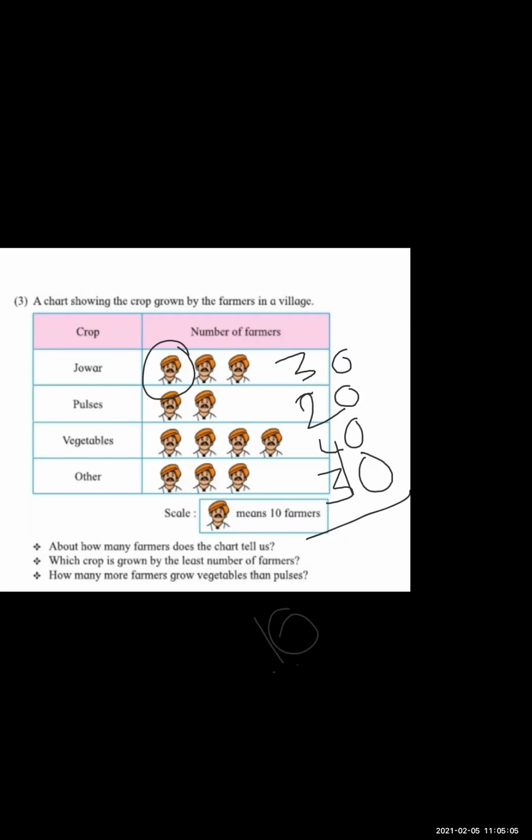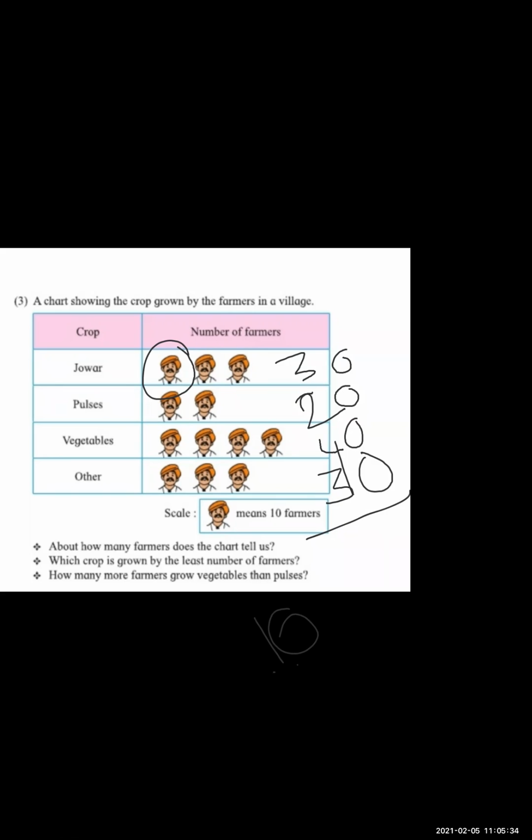Okay. So, which crop is least? That is pulses. Okay. Good. 20. Right. 2 farmers means 20.